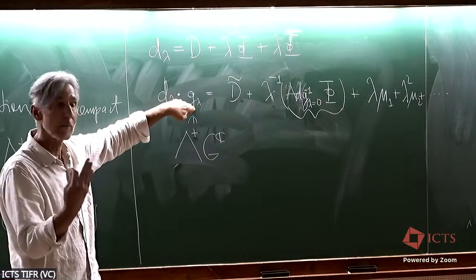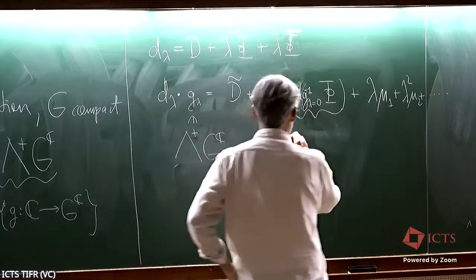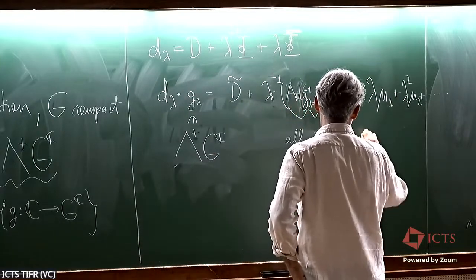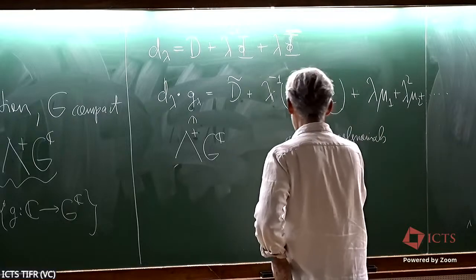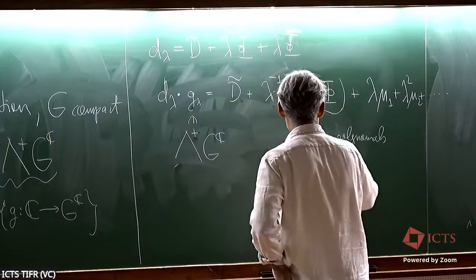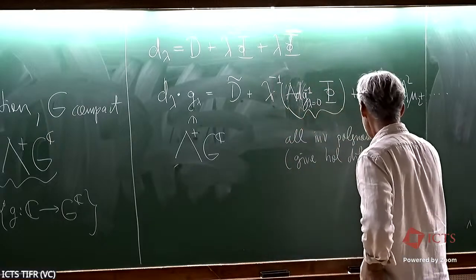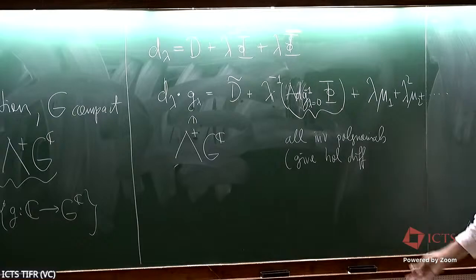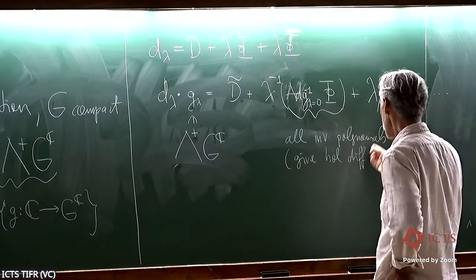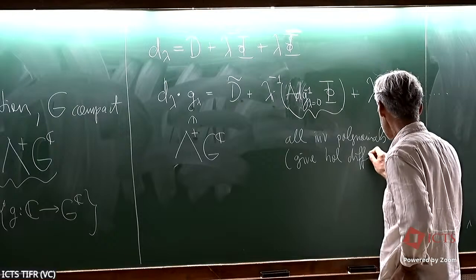So that's really an important fact: all invariant polynomials give holomorphic differentials. If the rank is 1, there's only one, the Killing form, and you get a quadratic differential. But if the rank is high, you get different holomorphic differentials.